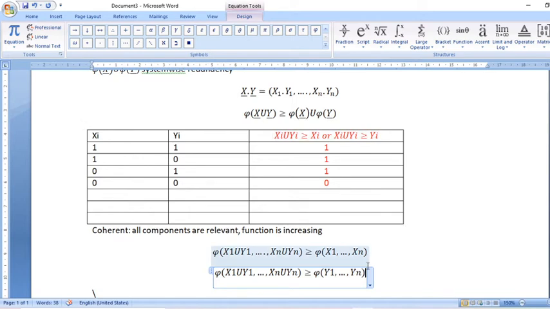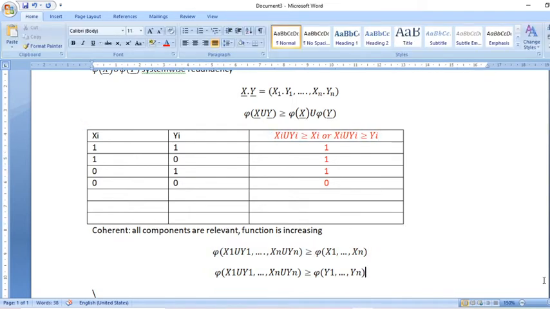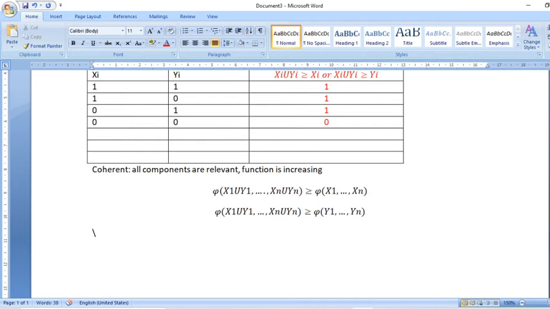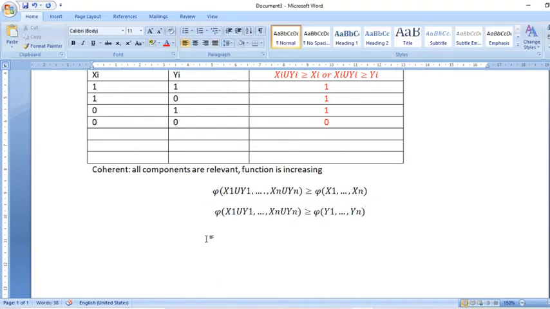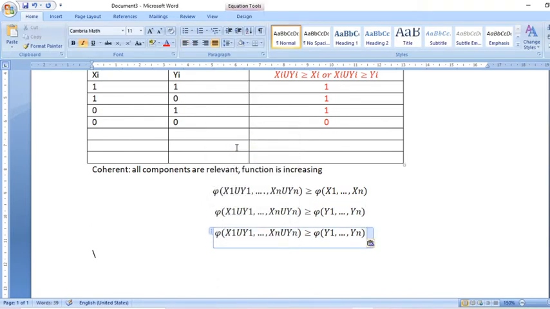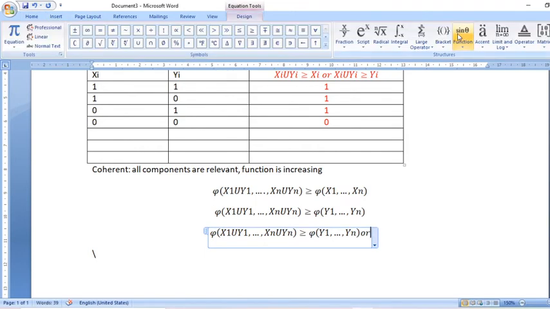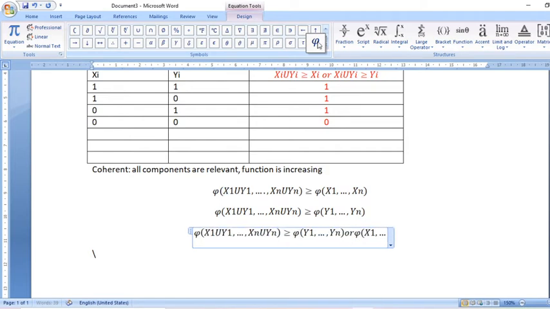Simultaneously, using this result we can express it like this. Simultaneously we can write phi of x1, comma, etc., comma, xn.